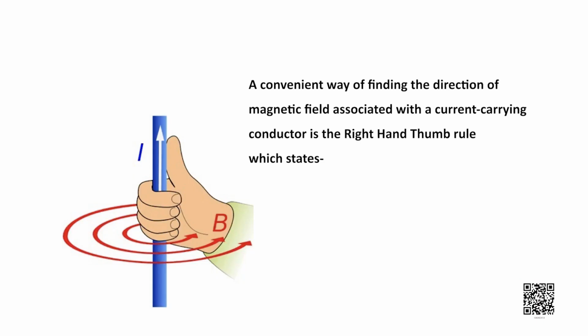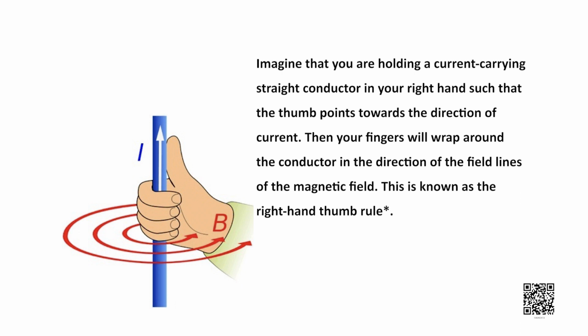Can we also draw a conclusion that a current carrying wire placed in a magnetic field behaves in a particular way? Let's find out. A convenient way of finding the direction of magnetic field associated with a current carrying conductor is the right hand thumb rule, which states, imagine you are holding a current carrying straight conductor in your right hand like this, such that the thumb points in the direction of the current.